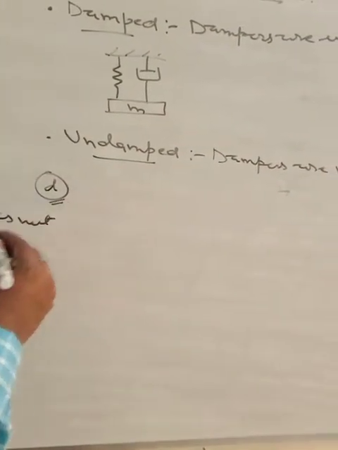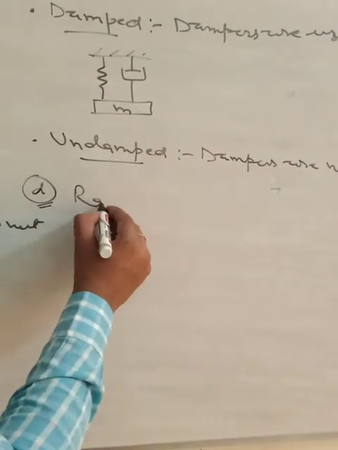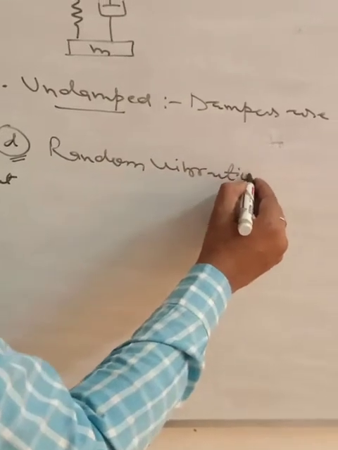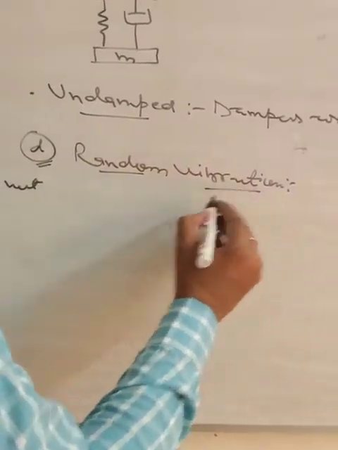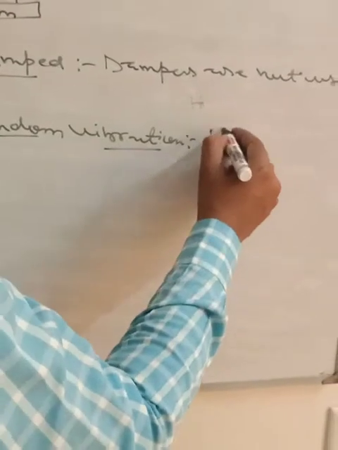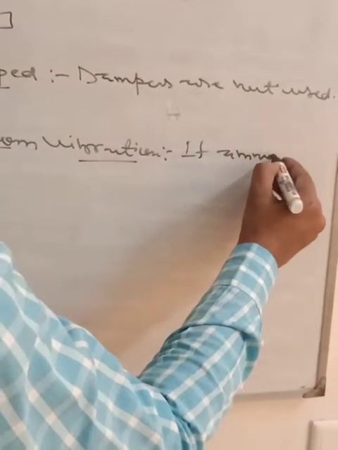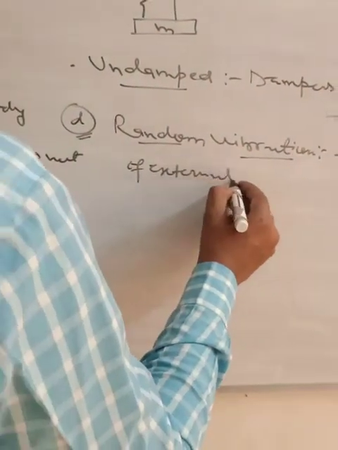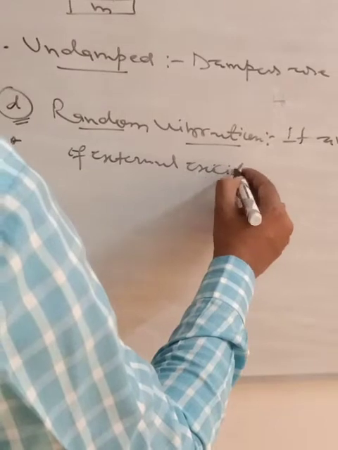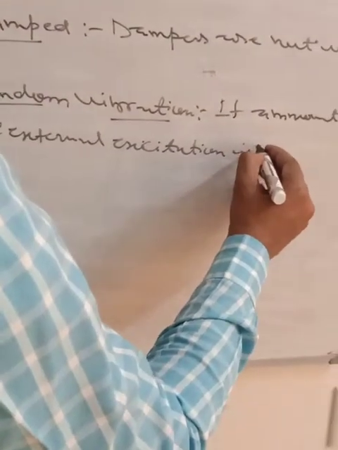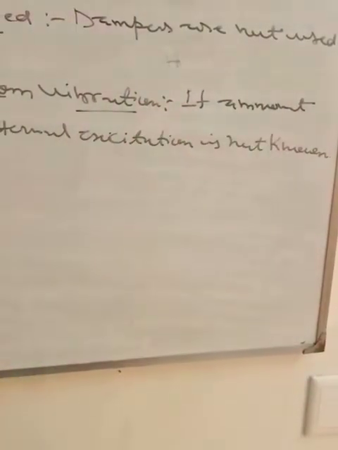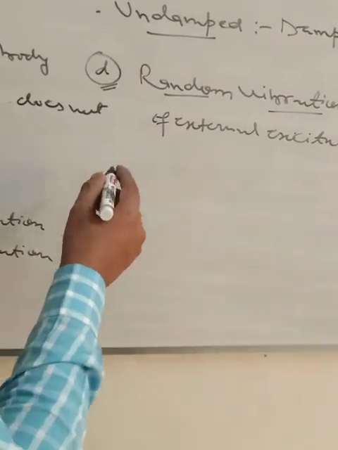Next is random vibration. If the amount of external excitation is not known, it is known as random vibration or non-deterministic vibration.